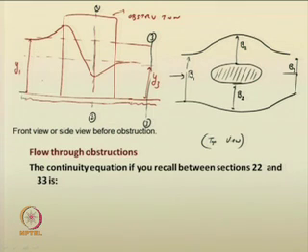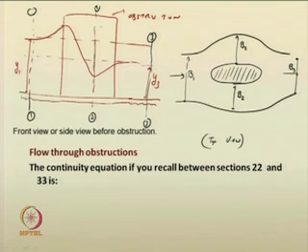So, we can now devise 3 sections: section 1-1, section 2-2, section 3-3. Consider section 2-2 and section 3-3. We are of course dealing with steady state conditions. Although there is an obstruction, the flow pattern is steady; it is not changing with respect to time. Recall the continuity equation.